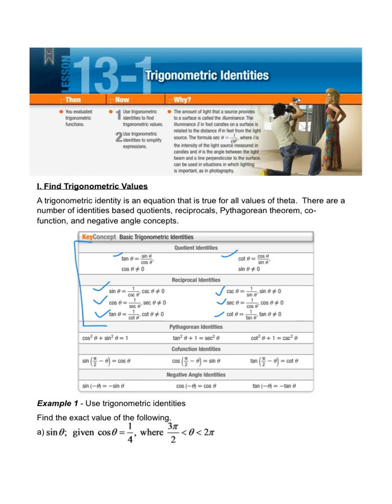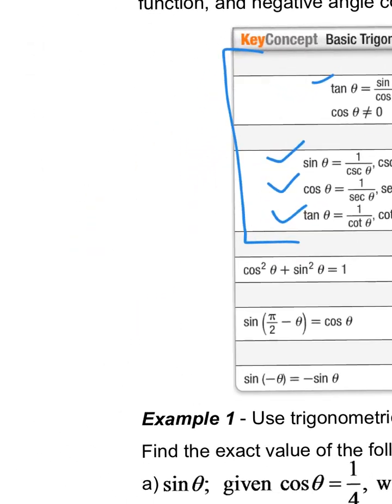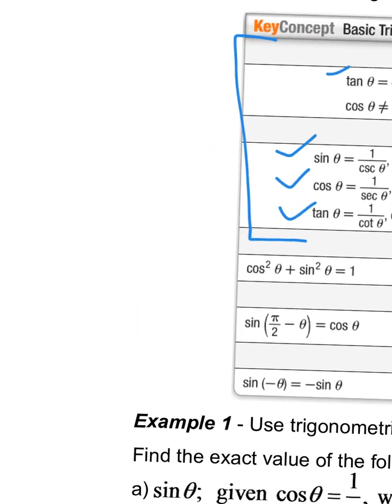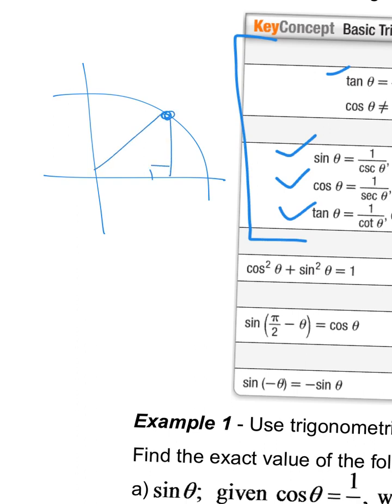What is going to be new is our Pythagorean identities, and this is the first one we're going to key in on. If you remember our unit circle, if I pick a point on my unit circle and construct my right triangle, our coordinates are always cosine, sine.